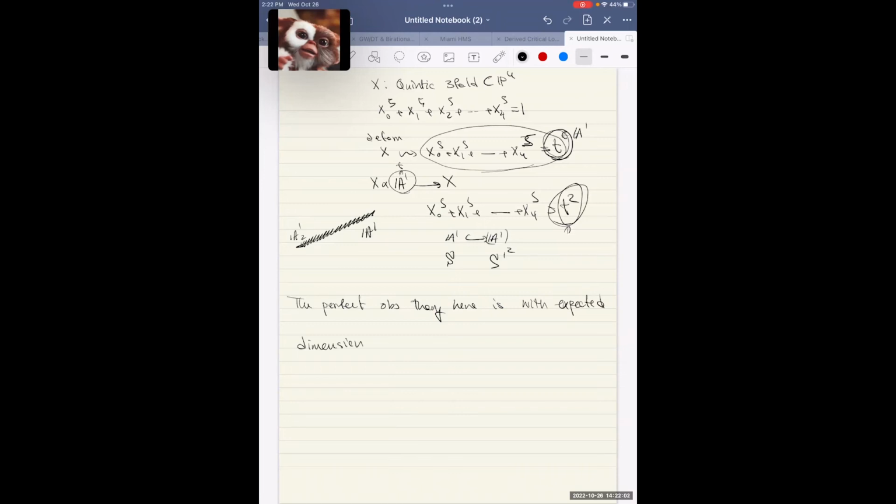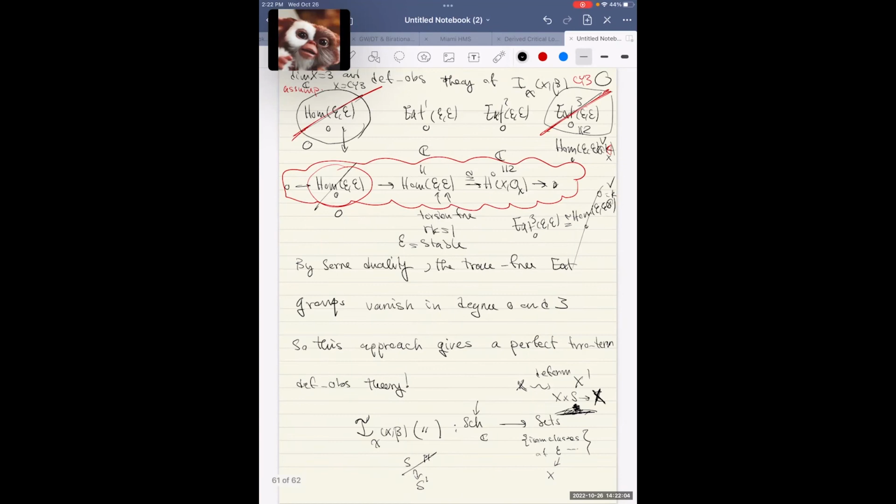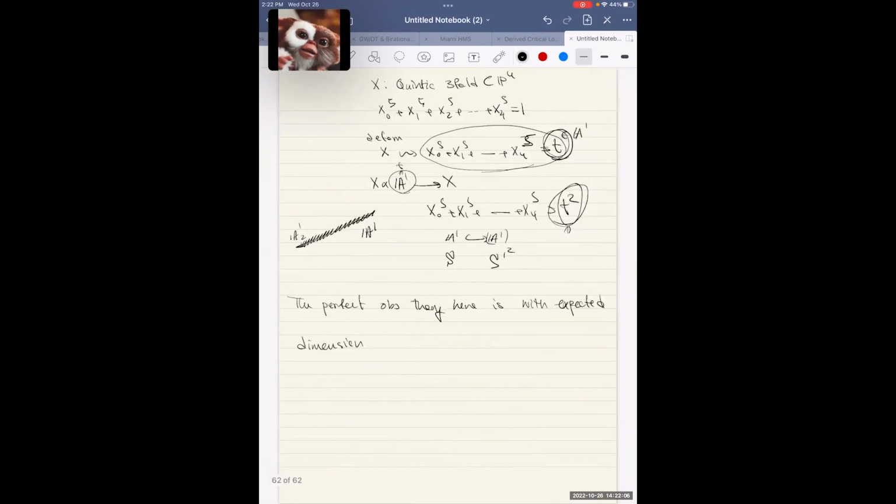We know that the expected dimension is the dimension of deformations minus obstructions. In this particular case, when we fix the determinant, it is the dimension of the trace-free part of Ext^1(E, E) minus the dimension of the trace-free part of Ext^2(E, E).